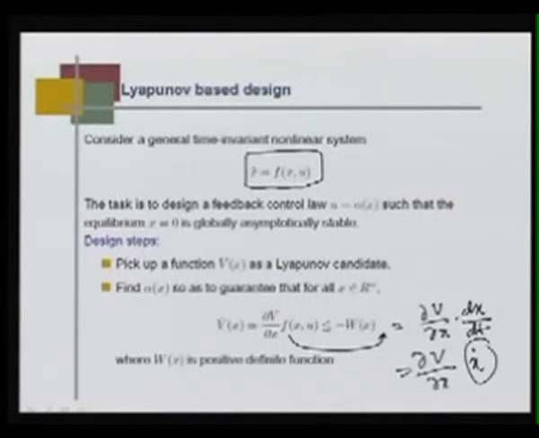If this is always less than some negative definite function w x, then it is Lyapunov stable.